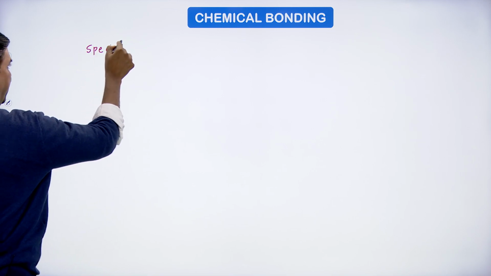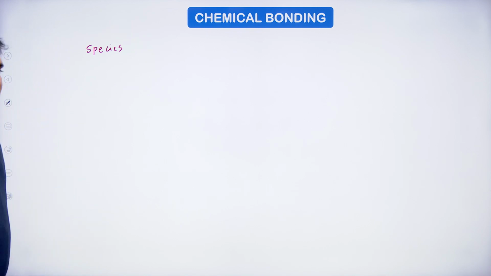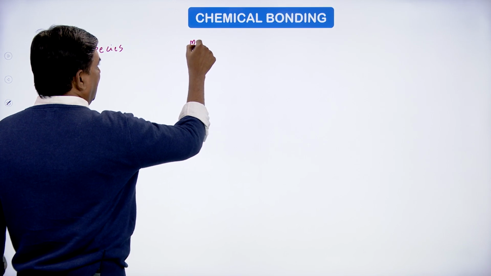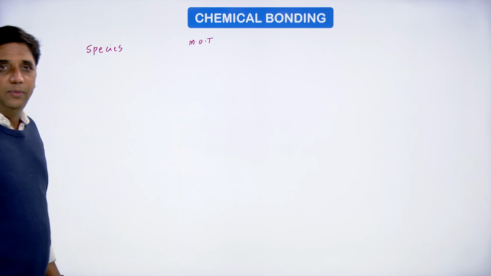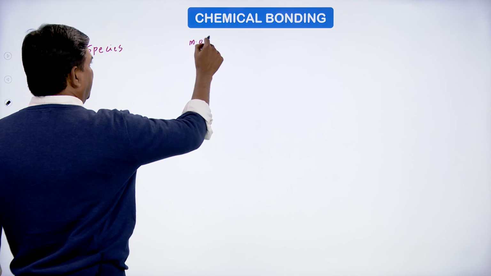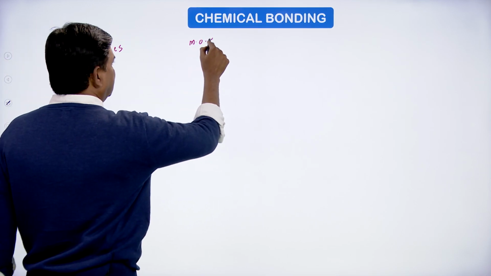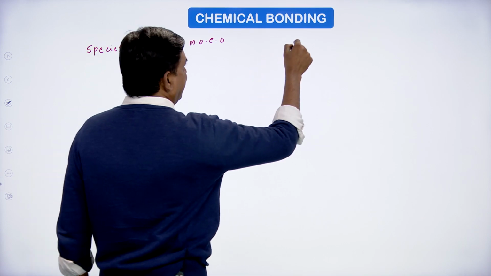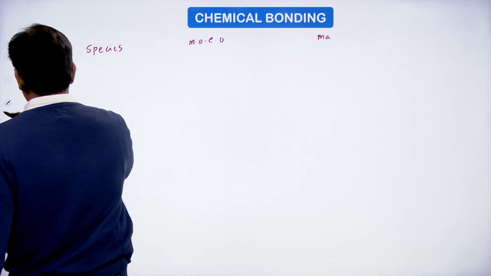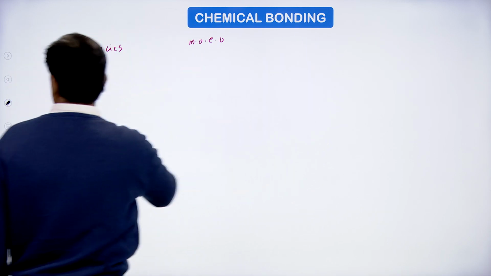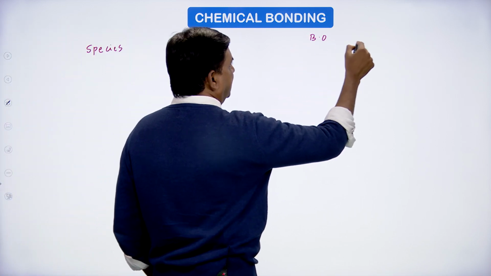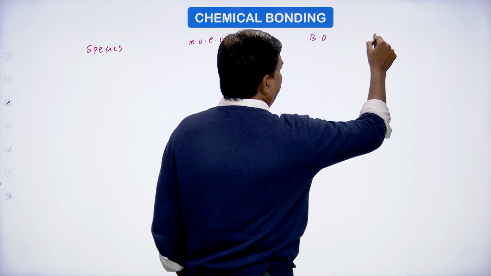This table is very important: species and molecular orbital filling, molecular orbital energy order, and magnetic nature, bond order, and this is magnetic nature.